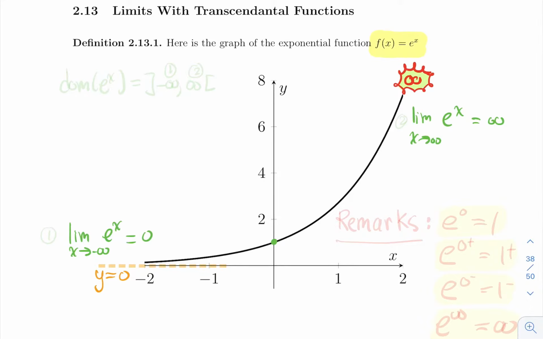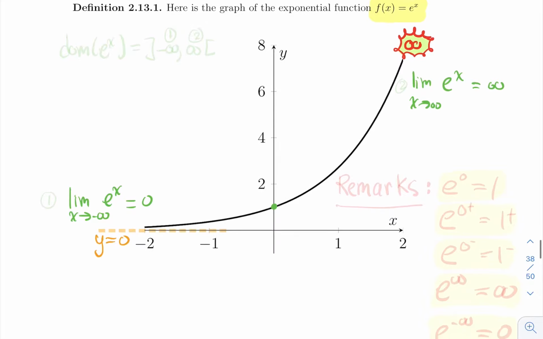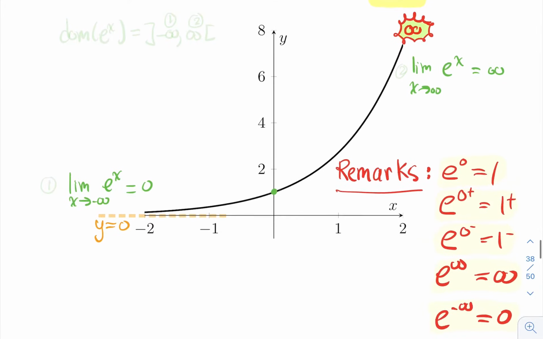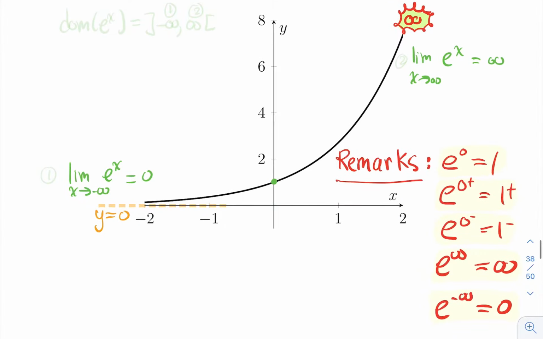So here are the things that you really need to master. As a remark, first, the value of the function at 0 is 1. This is the only output that you need to really know precisely. It's the only nice output that we know: at 0 it is equal to 1.